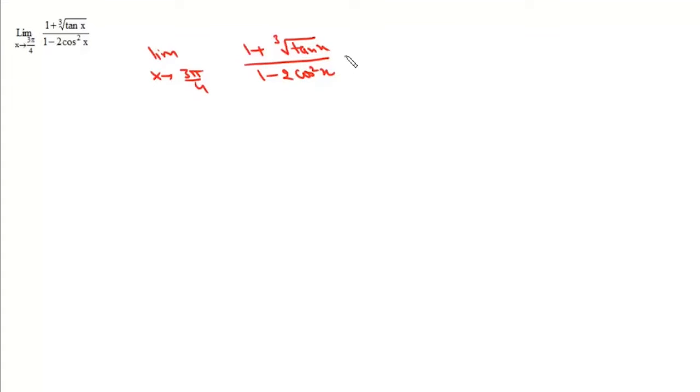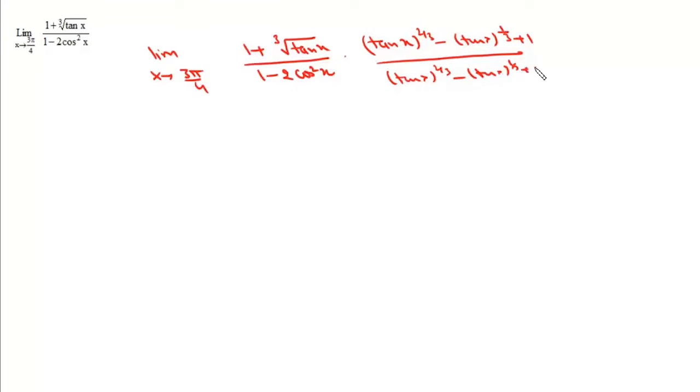Now what we'll do is, we'll rationalize it using (tan x) to the power 2 by 3 minus (tan x) to the power 1 by 3 plus 1, and here also it will be (tan x) to the power 2 by 3 minus (tan x) to the power 1 by 3 plus 1.